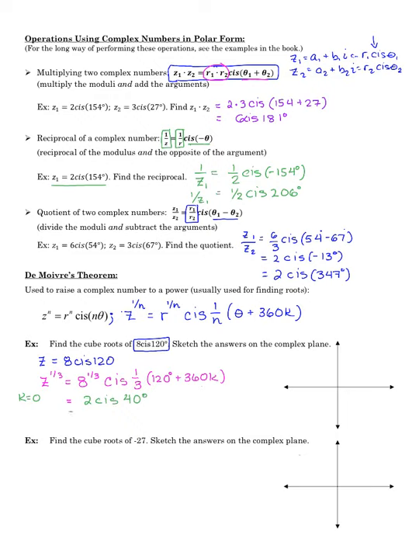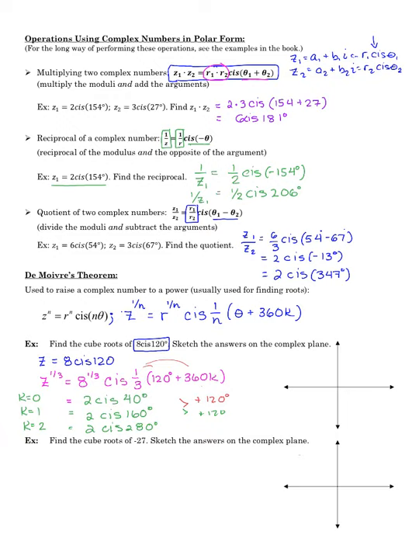The next answer, if k is 1, is going to be 2 cis, and I'm going to add 120 degrees because you're distributing this. 1/3 of 360 is 120, so 120 plus 40 puts me at 160. And then my next answer is going to be 2 cis, and again I'm going to add another 120, and that gives me 280.